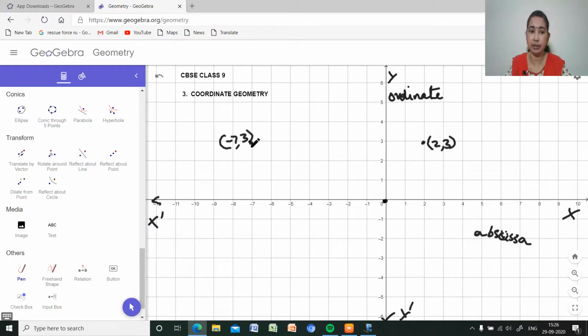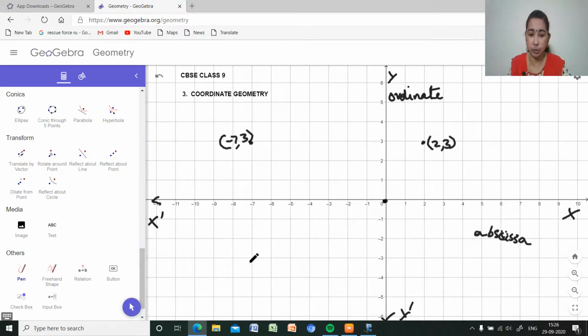The abscissa is minus 7 and the ordinate is 3.